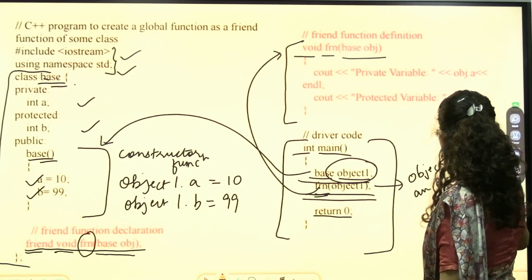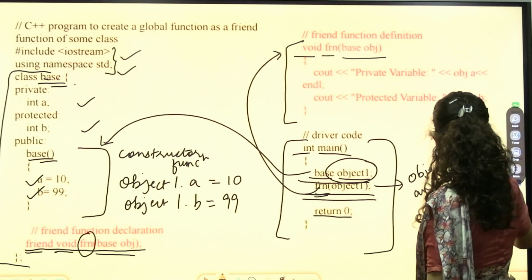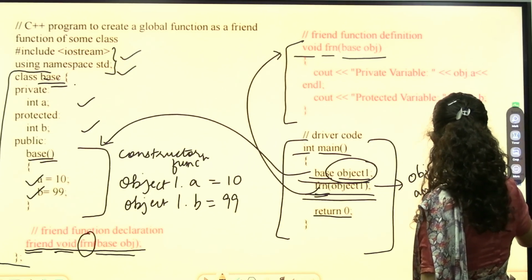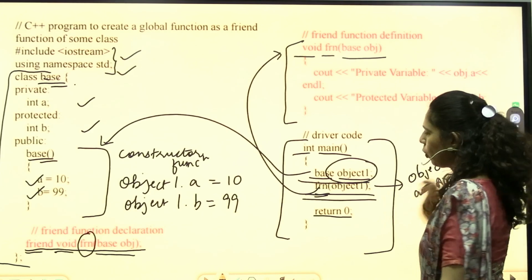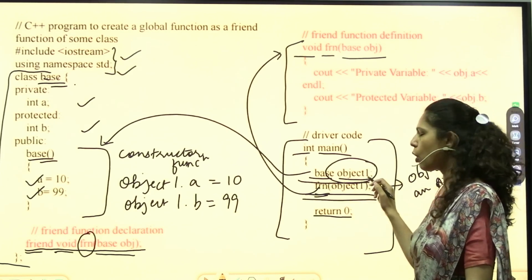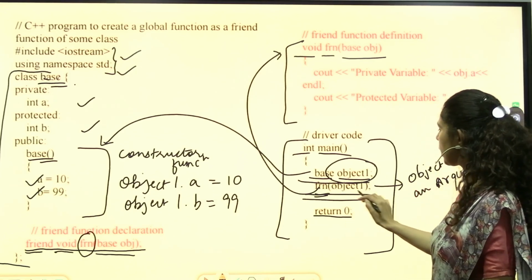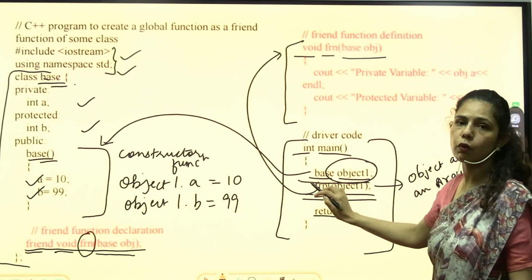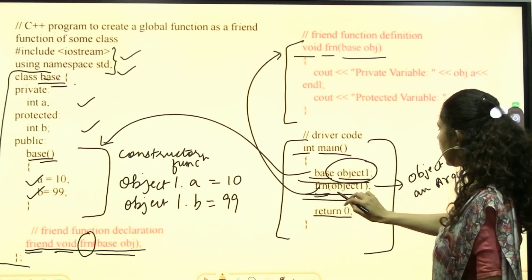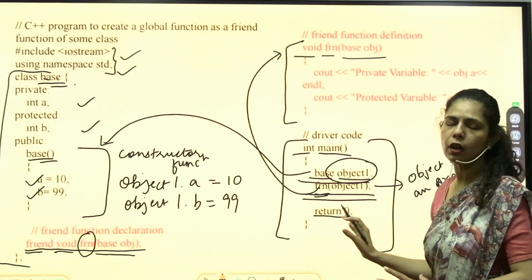This is the basic crux of using a friend function, that we have to pass objects as arguments. Here, our object was object1. So we are passing object1 as the argument when we call our friend function. I'm passing the entire object1 here as an argument.